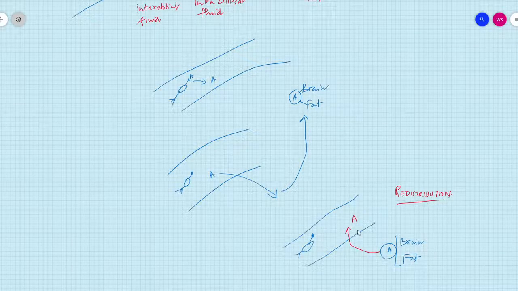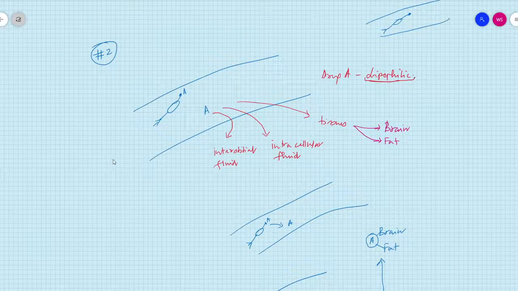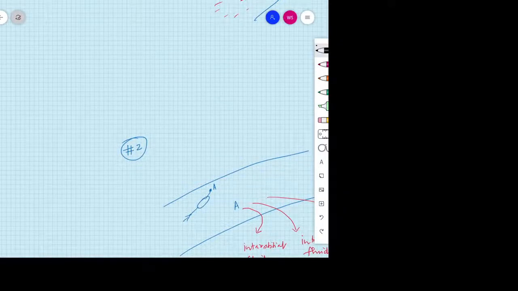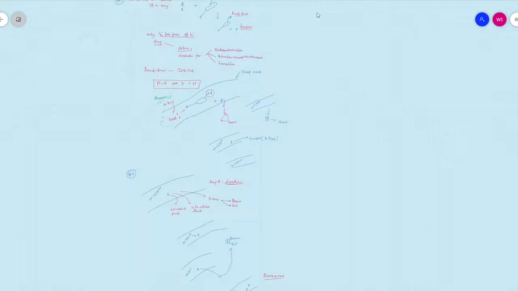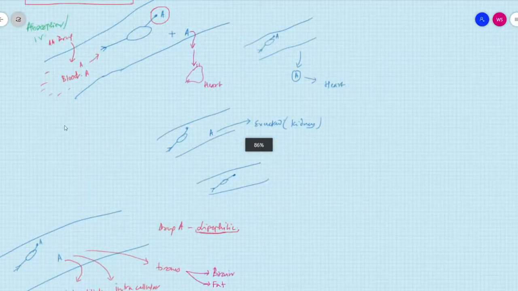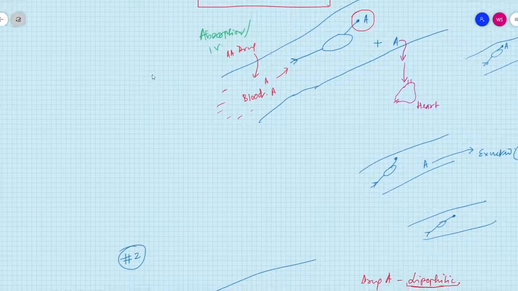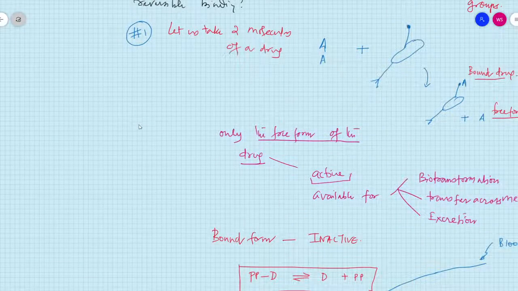Okay, so that is the second consequence of a free drug crossing the membrane. So what were we talking about?